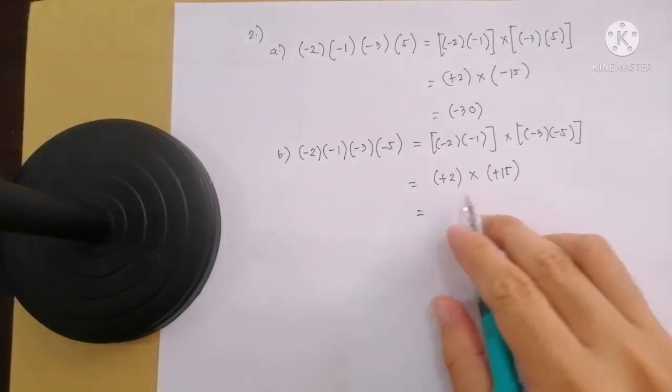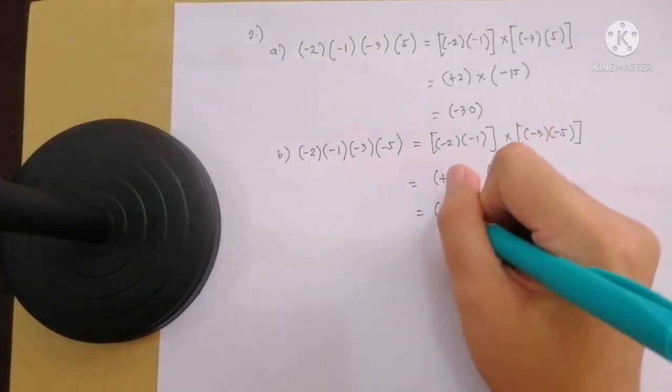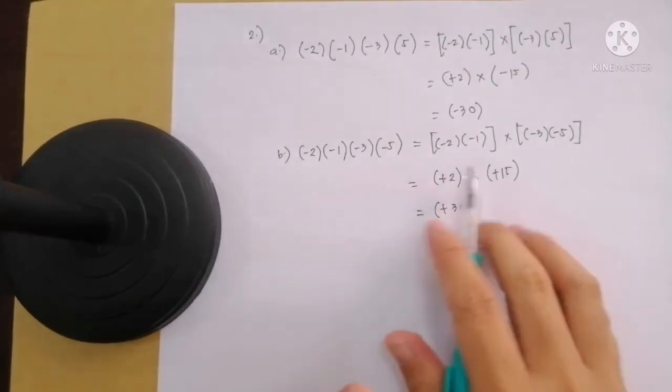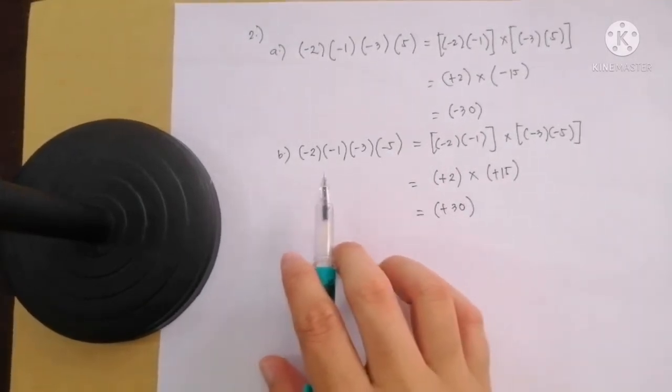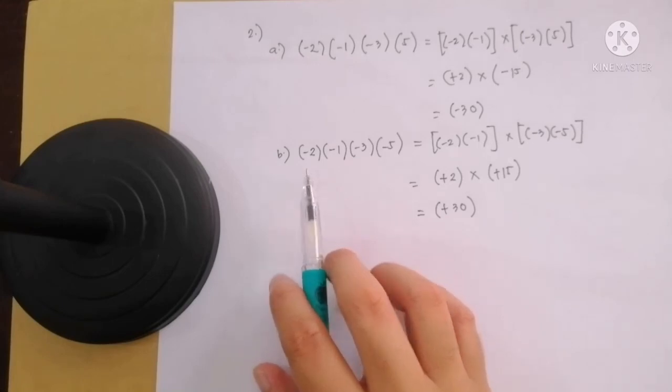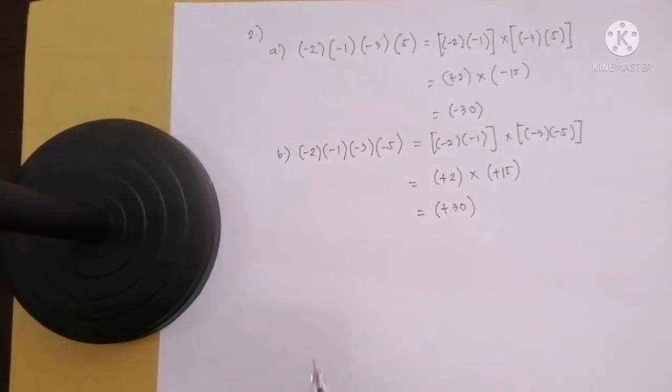And positive 2 times positive 15 is equal to positive 30. Now, if we analyze this example 2B, there are four factors that are negative. It has an even number of negative factors. Therefore, we could say that the product of an odd number of negative factors is negative, and the product of an even number of negative factors is positive.